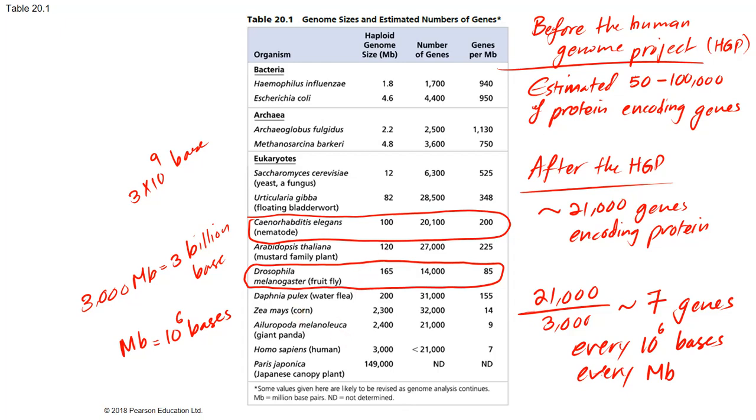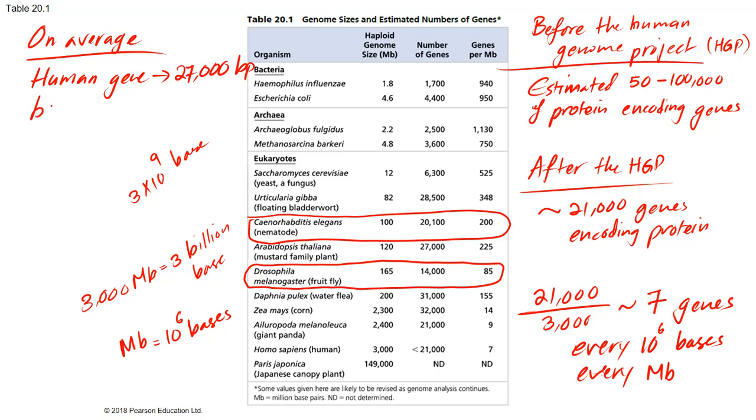On average, a human gene consists of 27,000 base pairs, while a bacterial gene, on average, is about 1,000 base pairs.